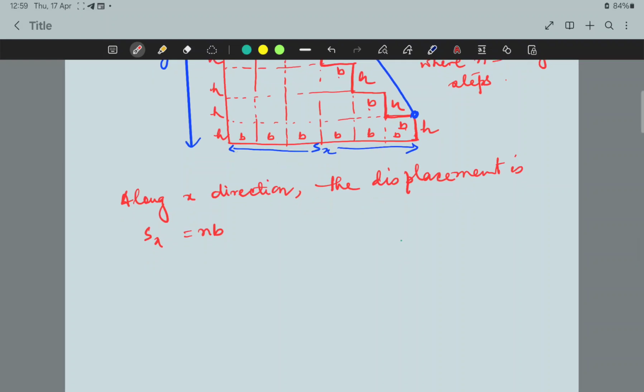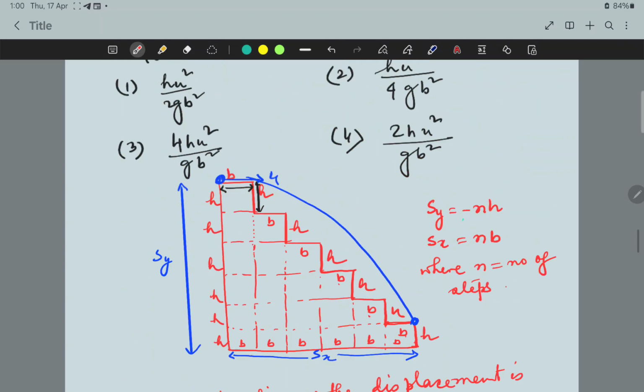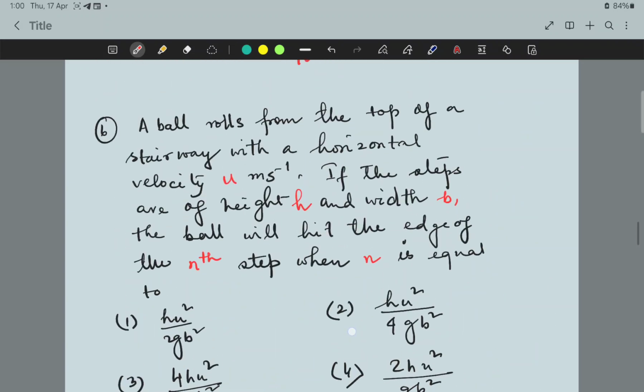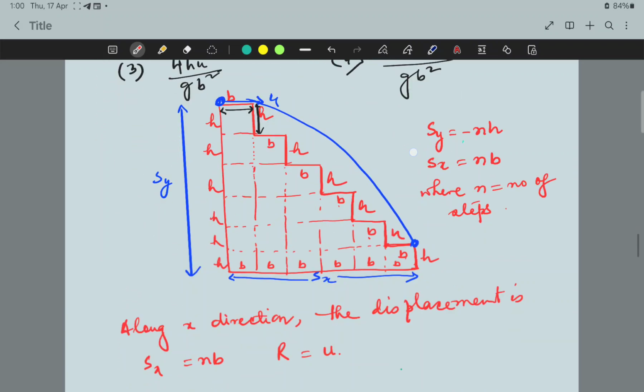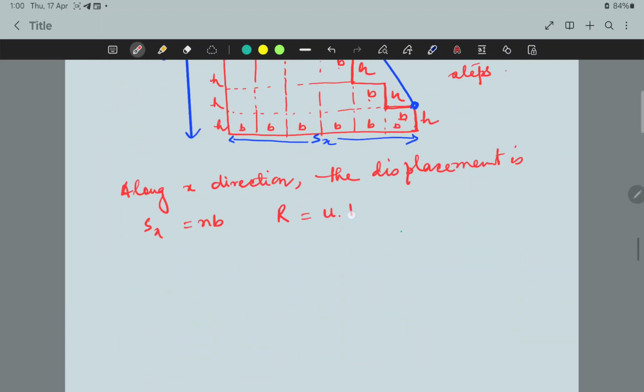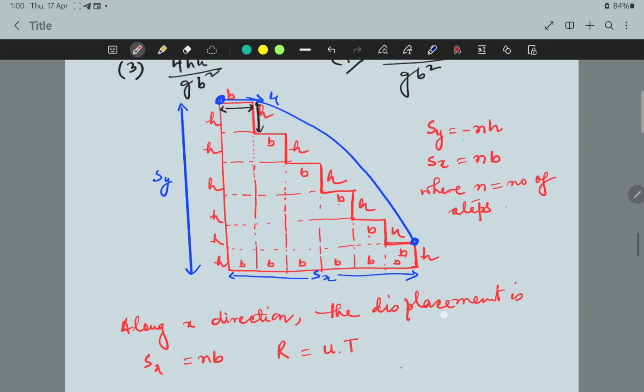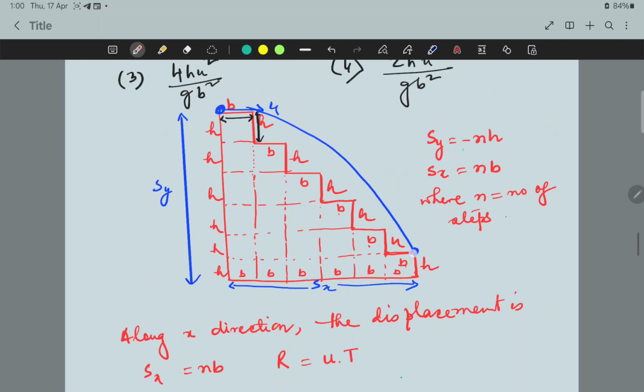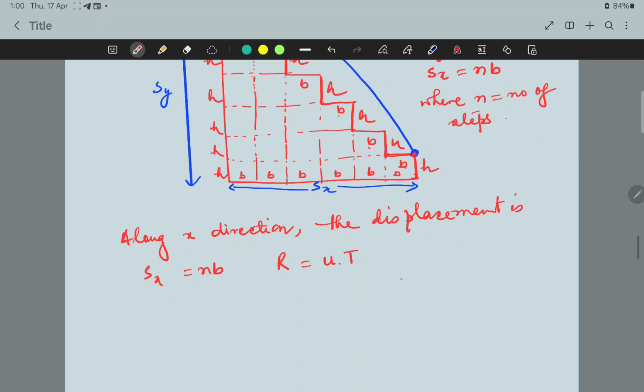Now this sx is nothing but the range, and the formula for horizontal range we know, R is equal to the initial velocity with which the ball was projected, that is it started rolling, and the total time needed is t to hit the edge of the last step, that is the nth step.